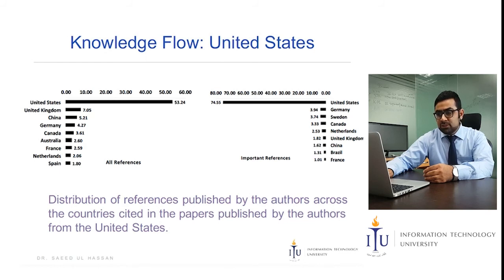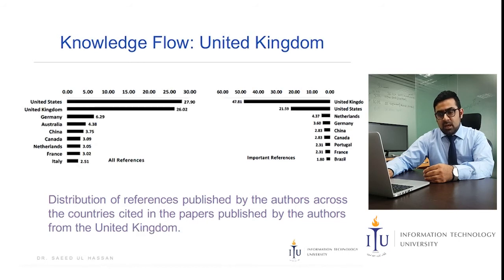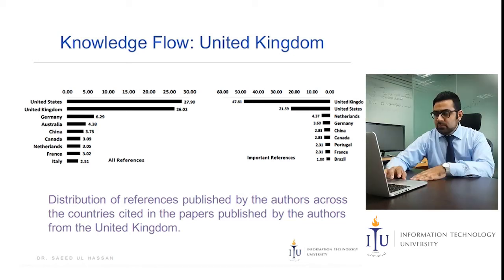Now I show you the use case of the United Kingdom, for instance. Here we see that for all references, the United States stays there with 27% of the references coming from the United States, while from the United Kingdom itself about 26% of the references come. Germany, Australia, and China are the following countries.